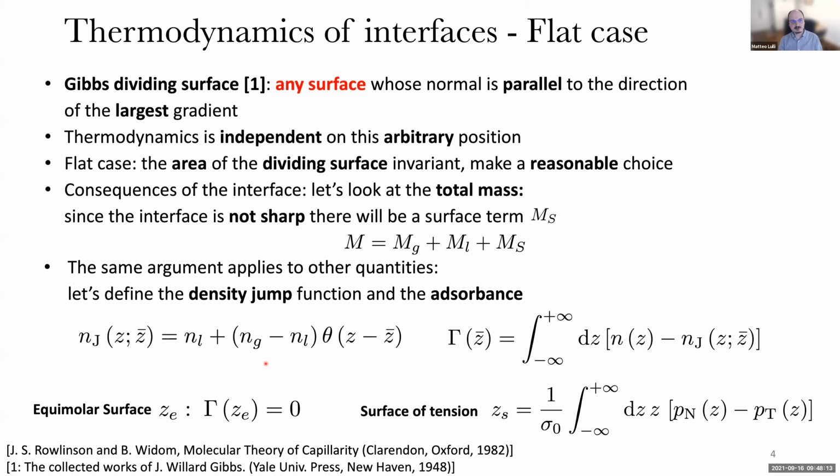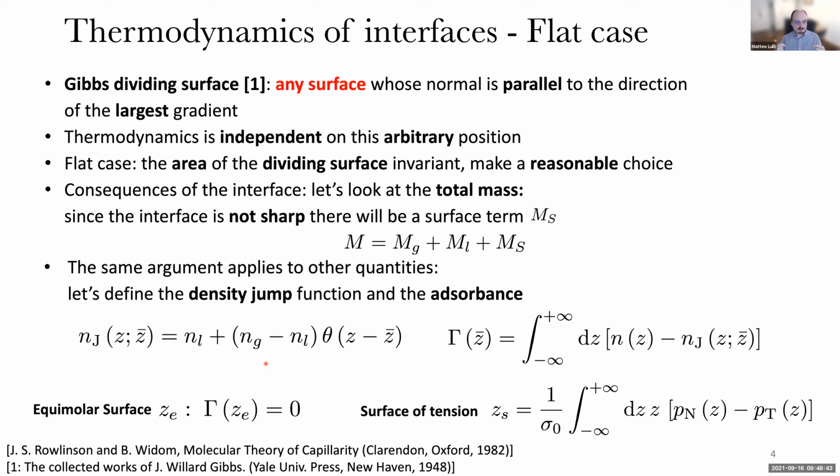But in this sense, Gibbs laid the basis of all this interface thermodynamics, and he proposed the concept of a dividing surface. A Gibbs dividing surface is any surface whose normal is parallel to the direction of the largest gradient. Now, as we have seen, the thermodynamics is independent of this arbitrary position, because it doesn't even depend on the physical one, in a sense.